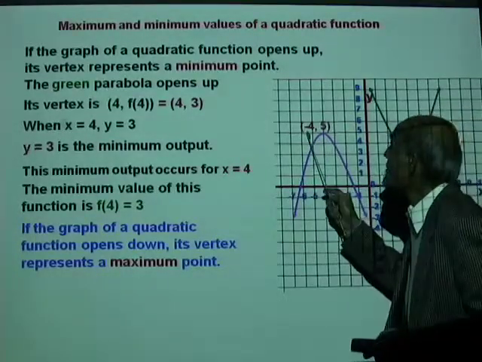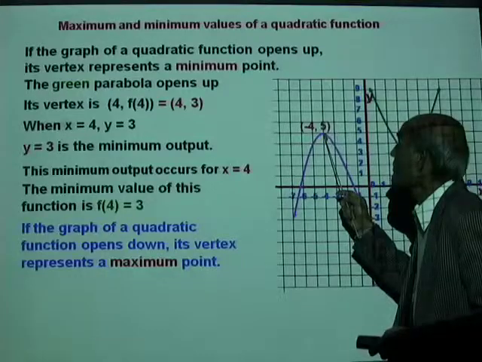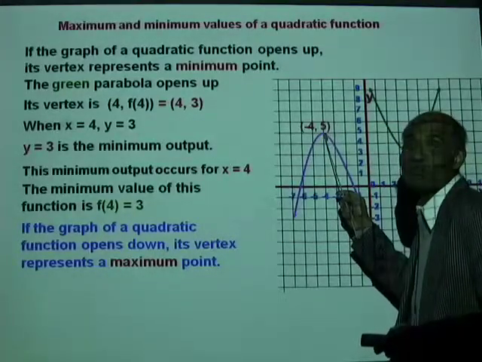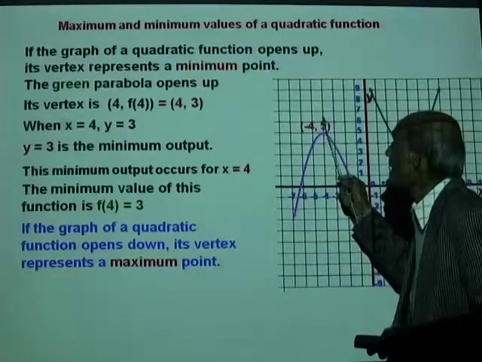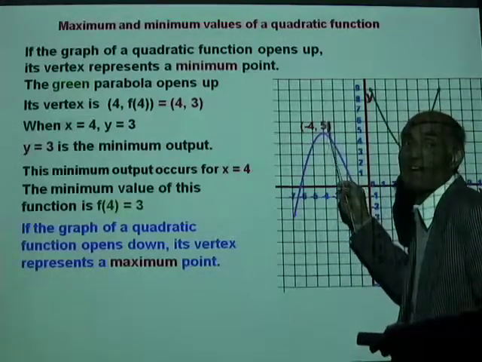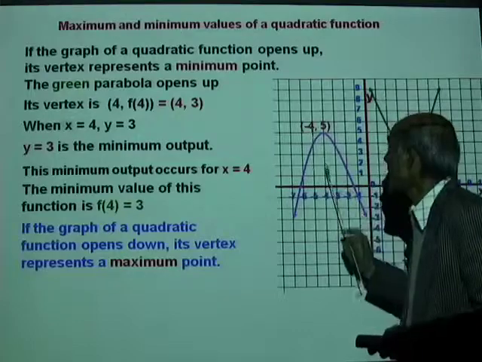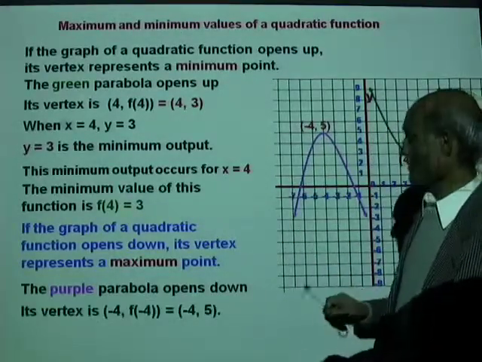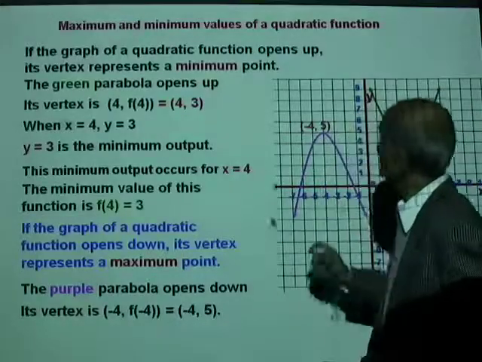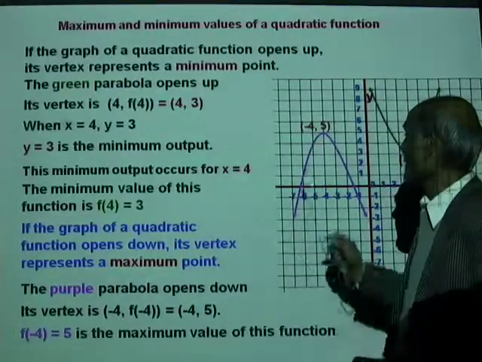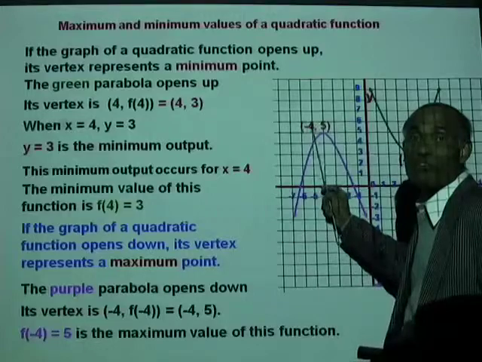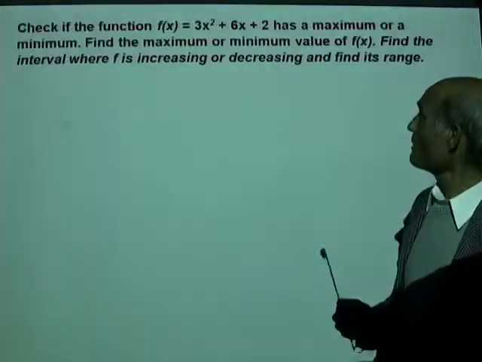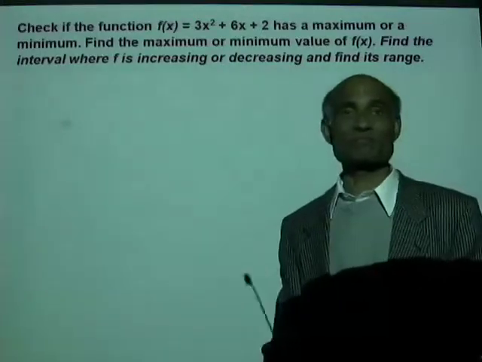So if I have negative 4, 5 as the vertex of this parabola, what is the maximum value of the function here? The maximum value of the function is 5, and it occurs at x equal to negative 4. Alright? Its vertex is negative 4, 5. That means f of negative 4 equal to 5 is a maximum value of the function.